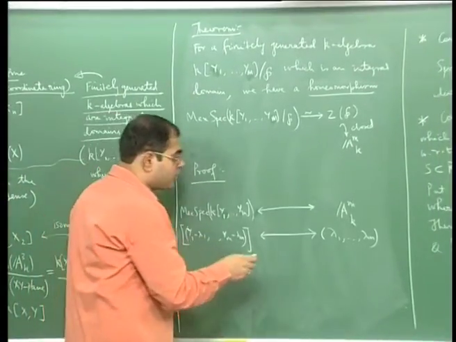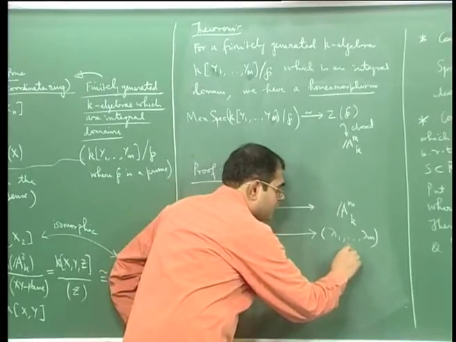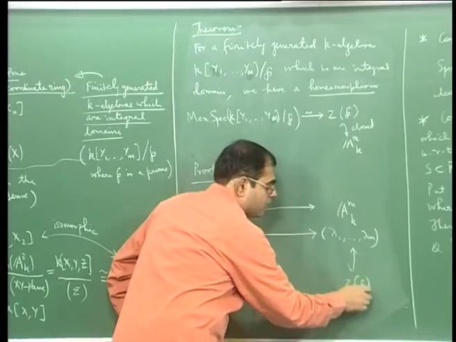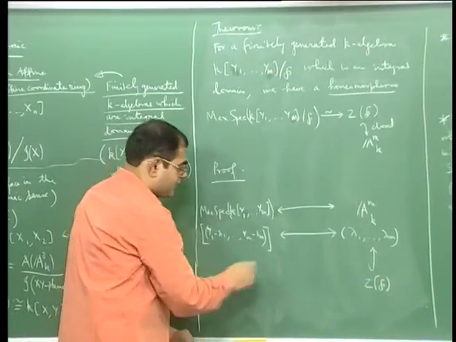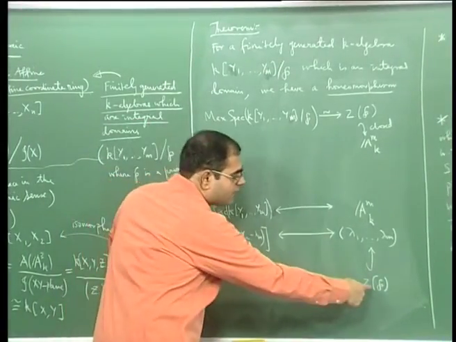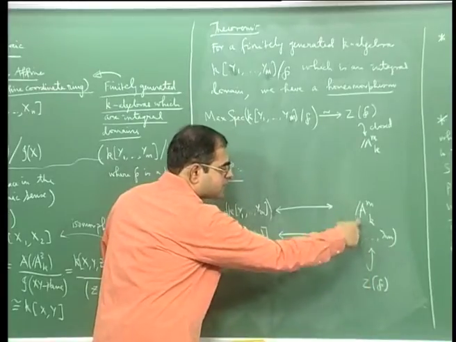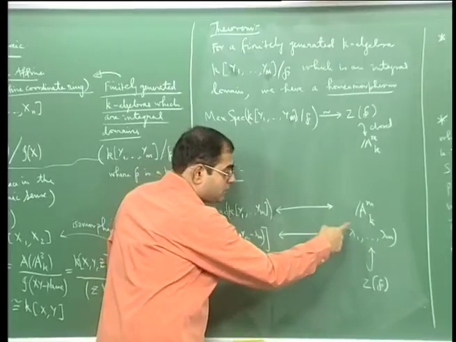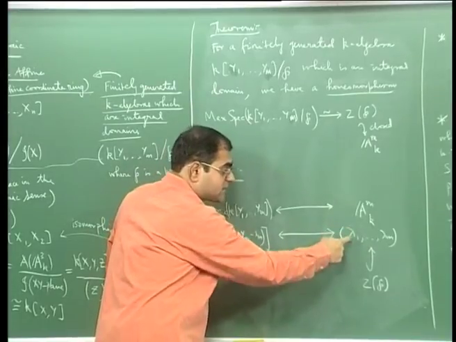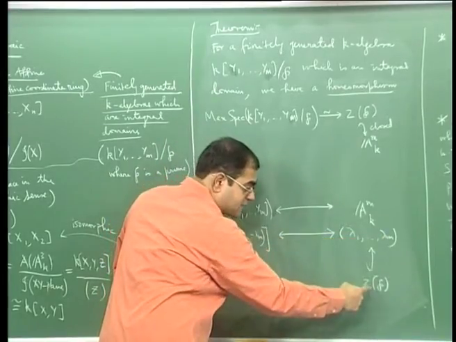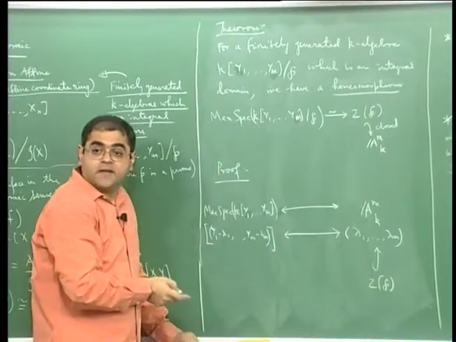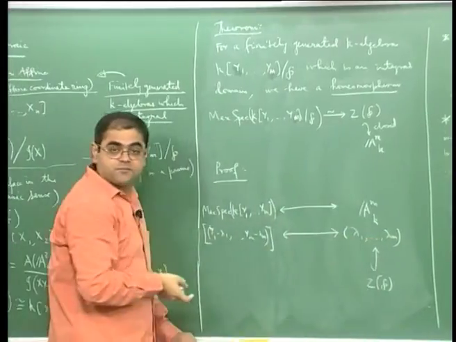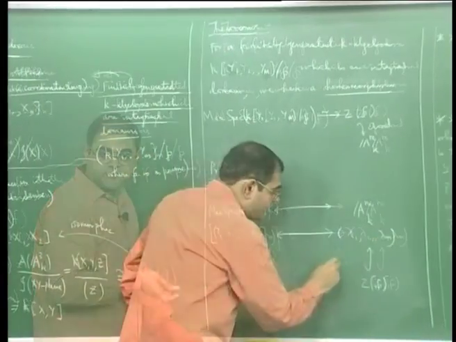Now what you do is you go to the subset which corresponds to Z of P. Just think what are going to be the points here which are going to lie here. Mind you, a point with coordinates lambda 1 through lambda m lies in Z of P if and only if every function in P vanishes at that point. That is the definition. You see, what is this?